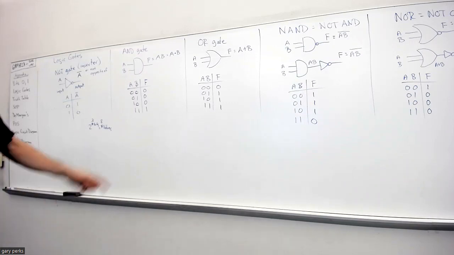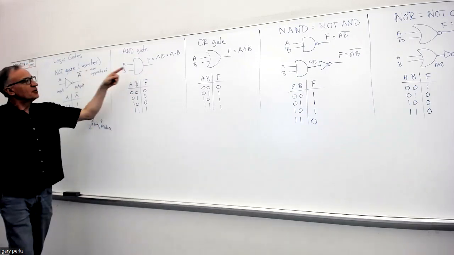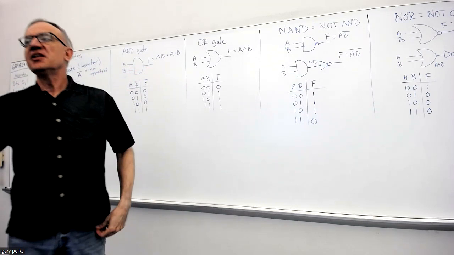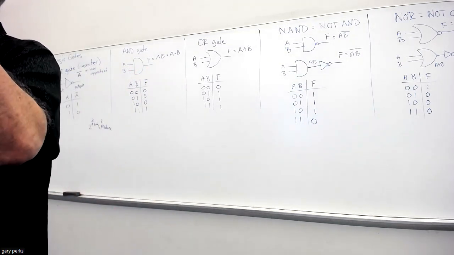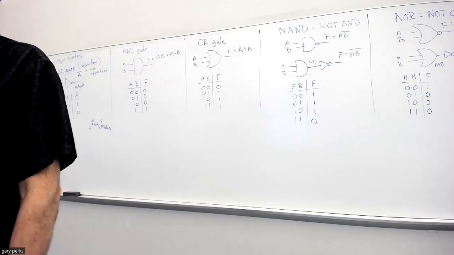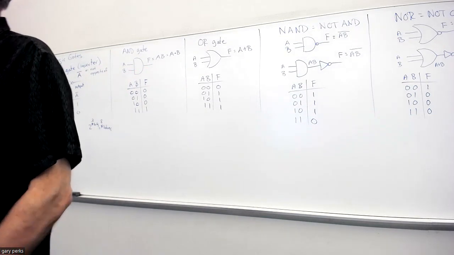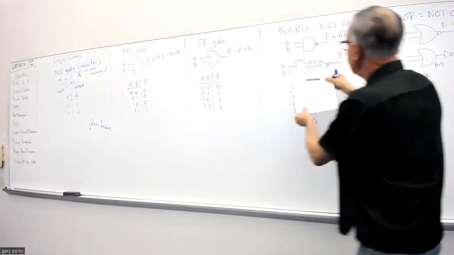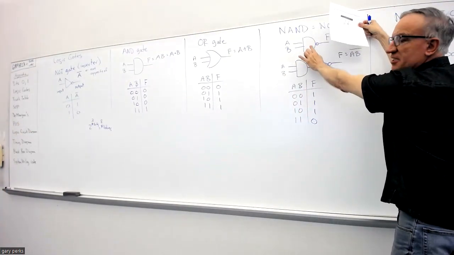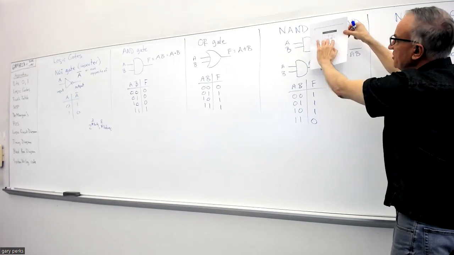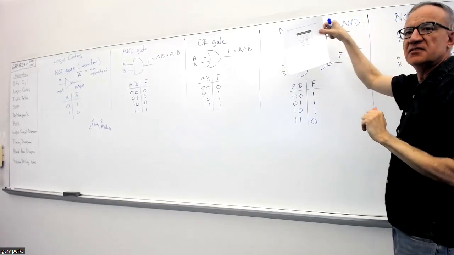But you see these logic symbols that we write here, they all represent tangible electronic circuits. So instead of writing this circuit every time we have a NAND gate, we can just put this symbol. That symbol represents a circuit like this.